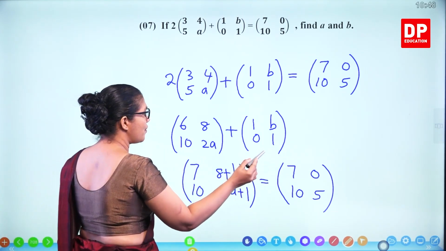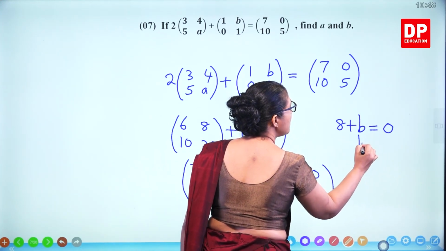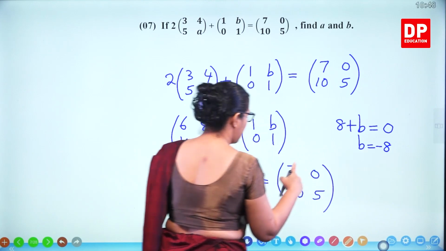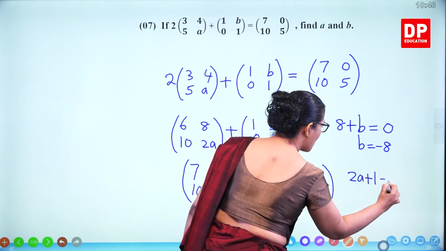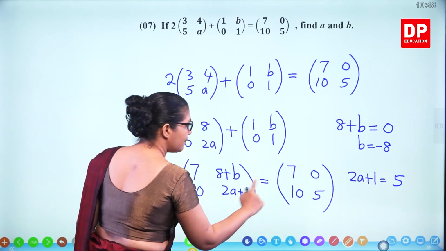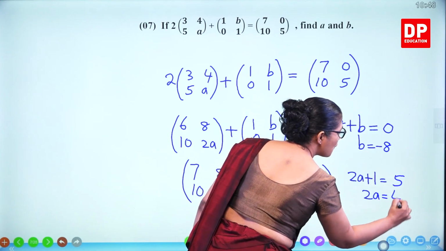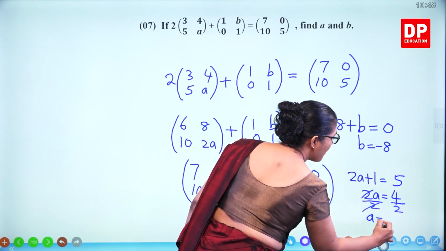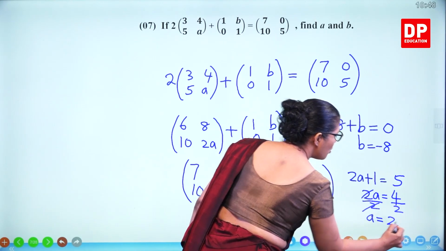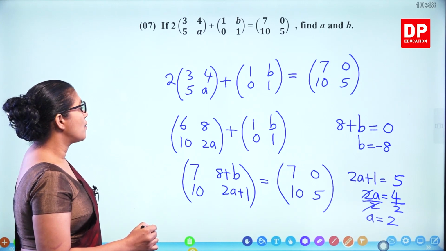This number is 0, that means 8 plus B is 0. B becomes minus 8. Then 2A plus 1 is equal to 5. What's A? 2A becomes 5 minus 1, that's 4. Divide both sides by 2. A becomes 4 divided by 2. That's 2. So A equals 2.